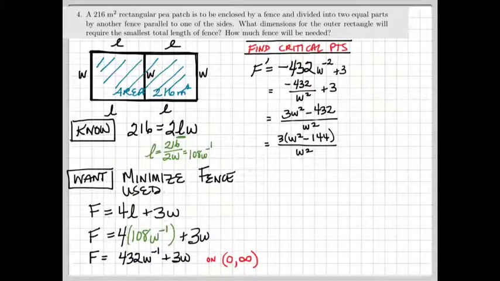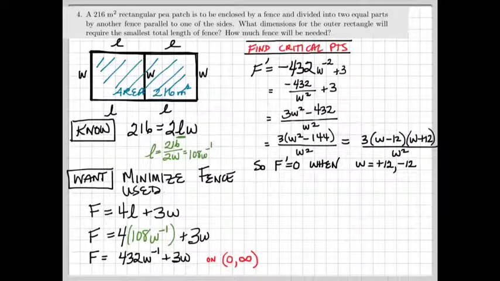And then factor, because we have a difference of perfect squares here, into 3 times W minus 12 times W plus 12 over W squared. So f prime is going to be 0 when W equals positive 12 or negative 12 meters. Since the width is a physical quantity, it can't be negative, and we can toss that particular value out.